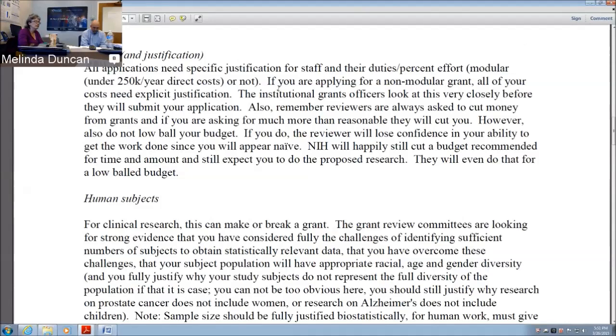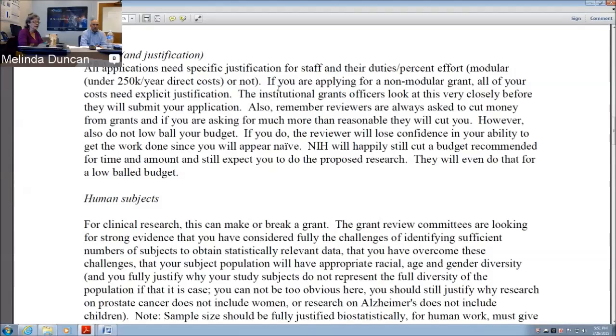The procedures being done are different. The mouse mutants being used are different. So the animal subject section didn't correspond with the rest of the application, which flags it and can really delay funding if they get funded, because all of that has to be worked out.